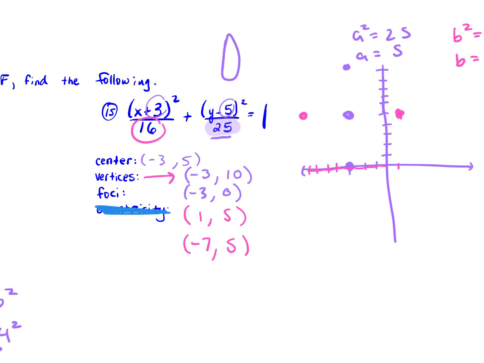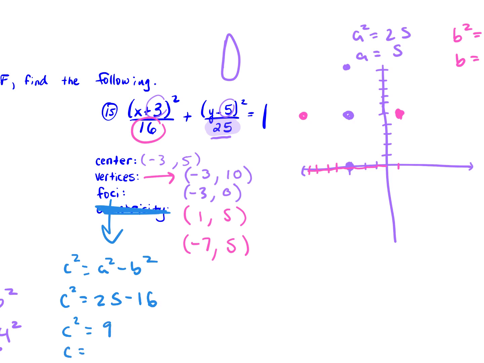And then we want to find our foci. How can we find the foci? C squared is equal to A squared minus B squared. So C squared is equal to our A squared, which is 25, minus our B squared, which is 16. So C squared is equal to 9 again.